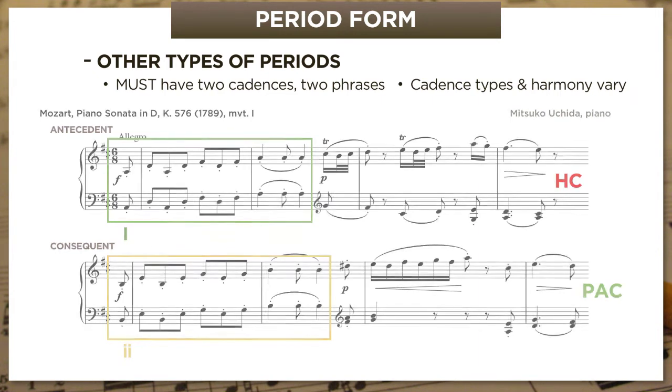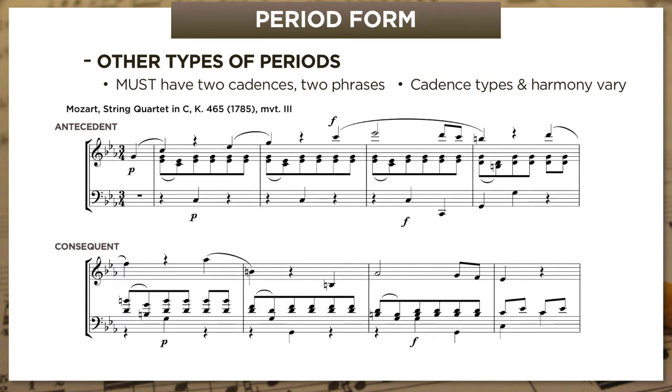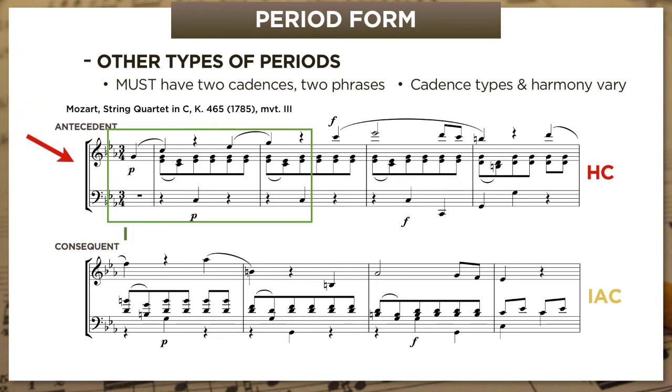And here, in the minuet of Mozart's famous dissonance quartet in C major, we see something similar. The antecedent ends on a half cadence, consequent ends on an authentic cadence, but now the initial idea, which first appears in the tonic, comes back upside down in the dominant.